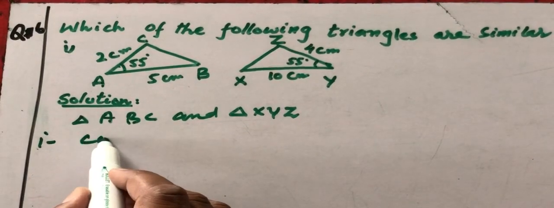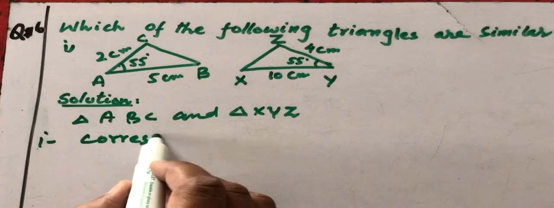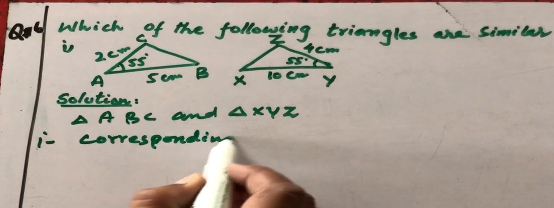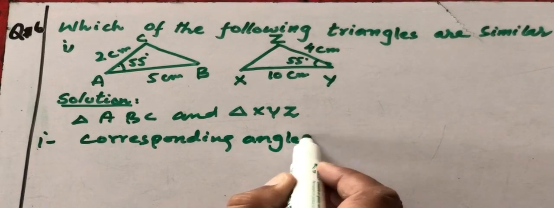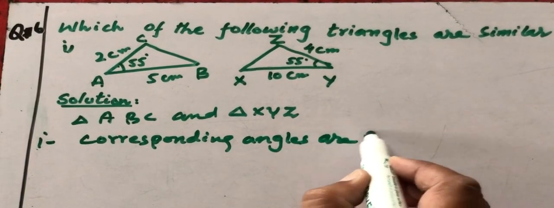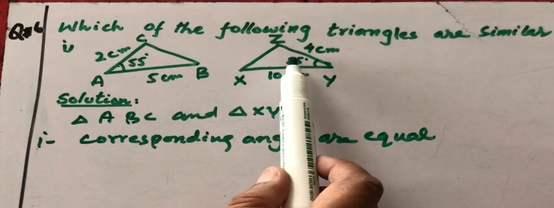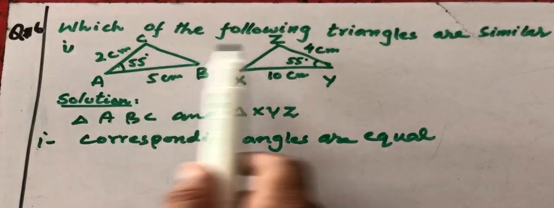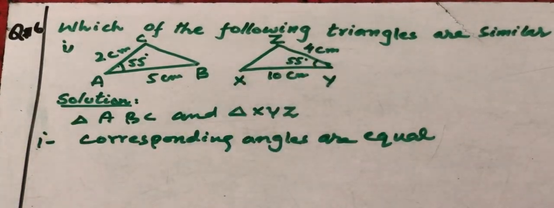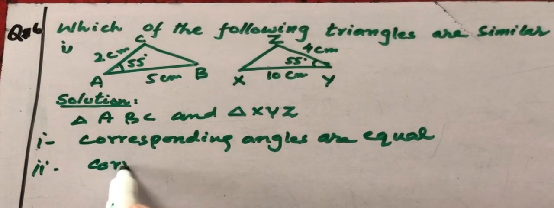So we write here corresponding angles are equal. So their corresponding angles are equal, and the second property is their corresponding sides must be in the same ratio.